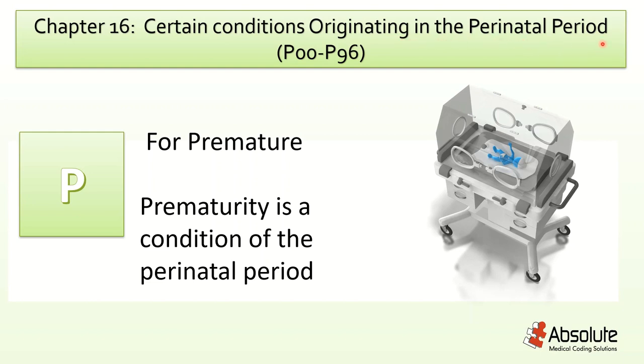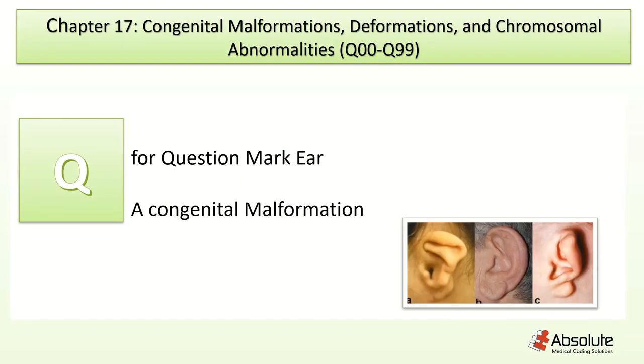Chapter 17. All right, Chapter 17 category codes begin with the letter Q. In Chapter 17, you'll find conditions that are housed under congenital malformations, deformations, and chromosomal abnormalities.